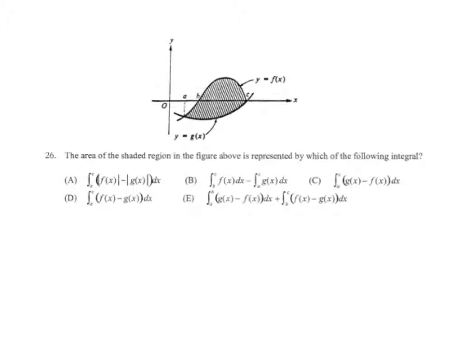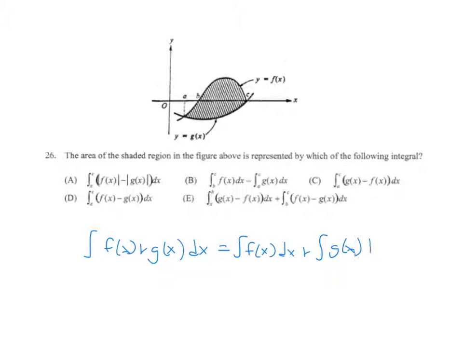You also have properties of integrals that you've worked with. We know that if I have the integral of a function f of x plus g of x dx, that is equal to the integral of f of x dx plus the integral of g of x dx.